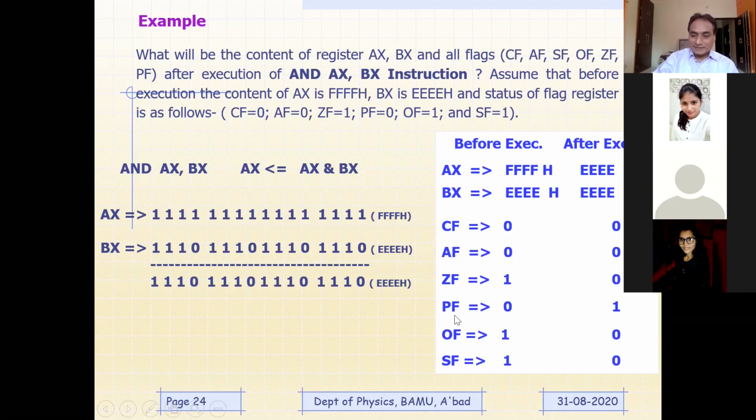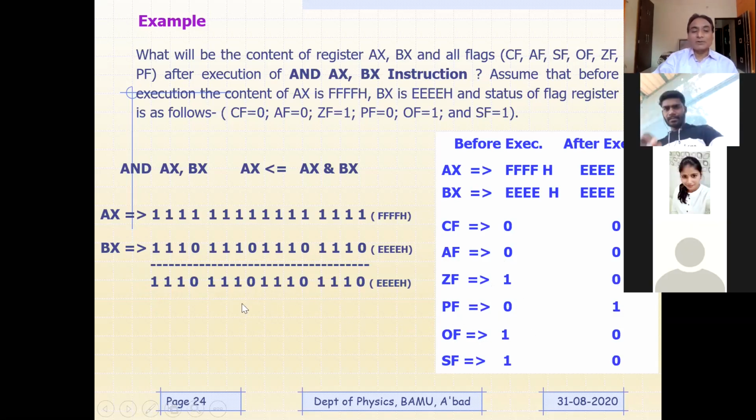Right? Parity, you can see now here, because of the number of ones. In the first hex digit, there are 3 ones. So 3 plus 3 is 6, plus 3 is 9, plus 3 is 12. So 12 is an even number. Therefore the parity flag will be set. Earlier it was 0, now it becomes 1.